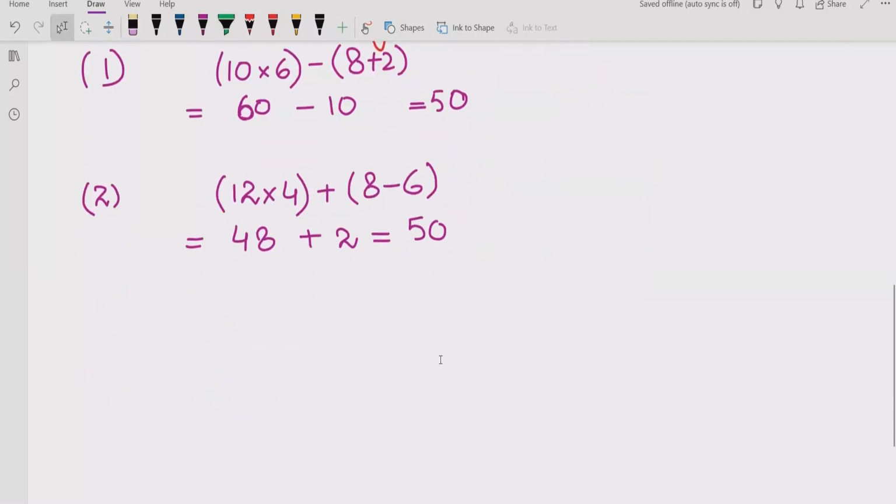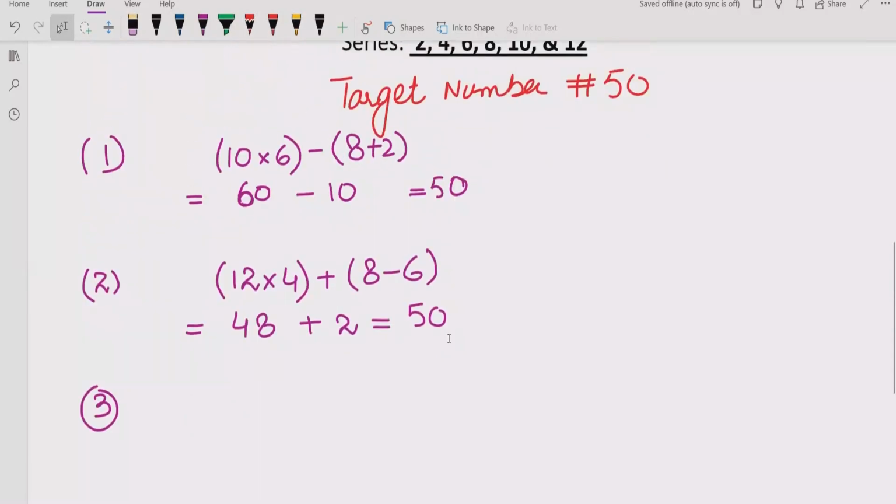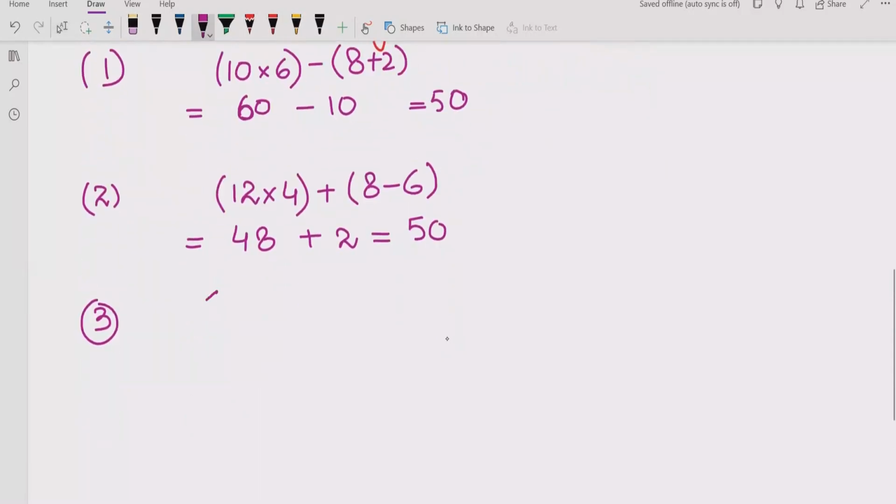Now see the third example. For the third example, again we take 12 multiplied by 4 and we get 48. Now we have to get 2 here.